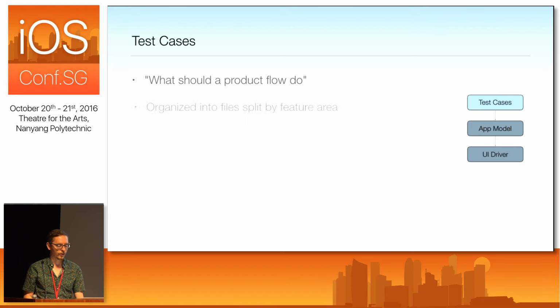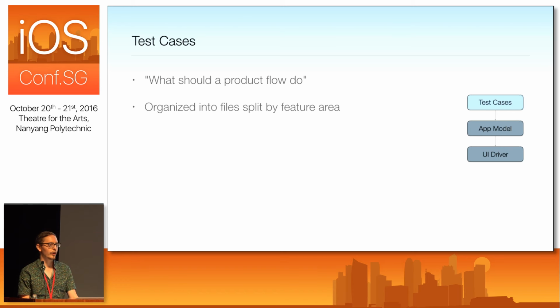And here are the rules that I have for the test cases. I organize my test cases by feature area or by screen, and this is pretty common. Just keep similar tests for the same feature together, and do split it up into a few files. But this is very important: each test should begin in a very well-defined state.